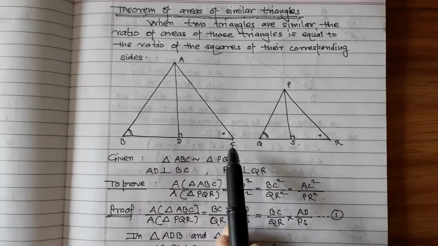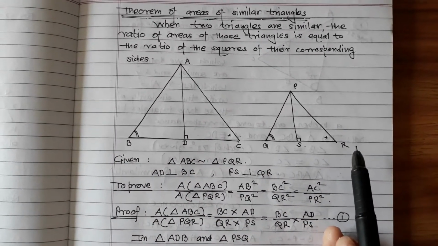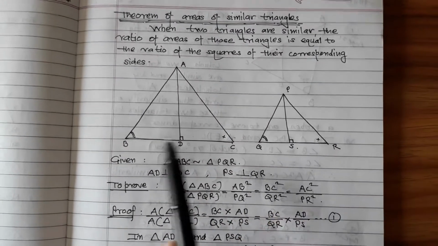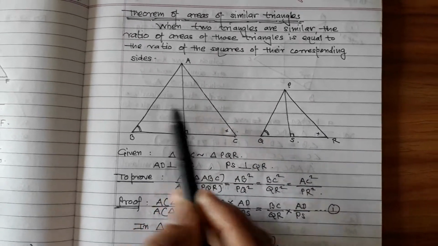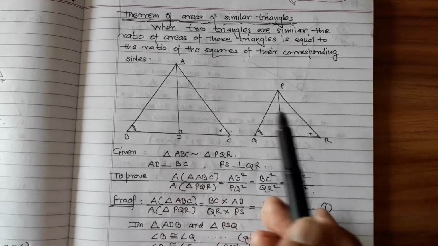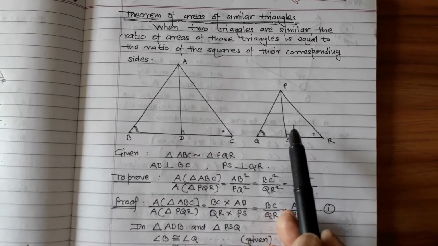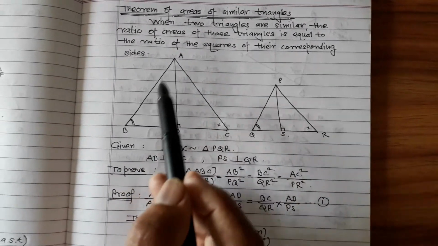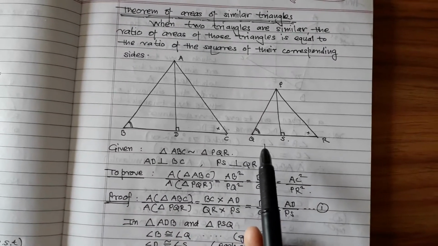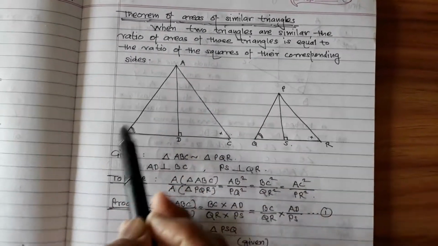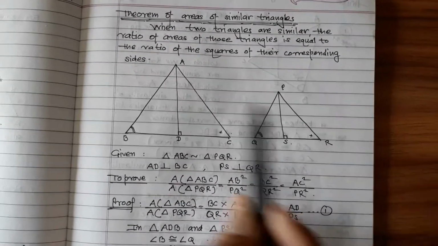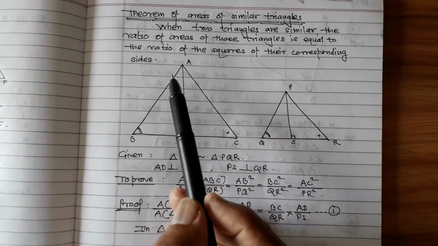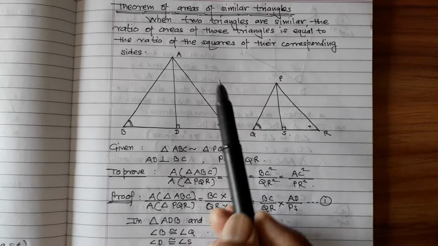If this is triangle ABC and this is triangle PQR, and these two triangles are similar, then the area of this triangle upon the area of this triangle is equal to the ratio of the squares of their corresponding sides. Corresponding sides means AB and PQ, so the square of this upon the square of this is equal to the ratio of the areas of the similar triangles.